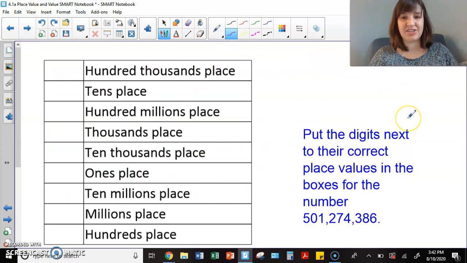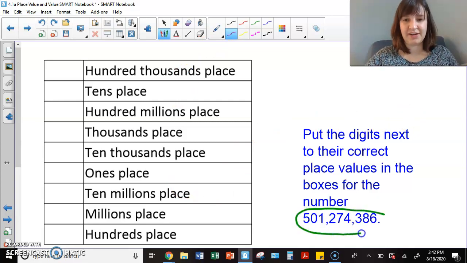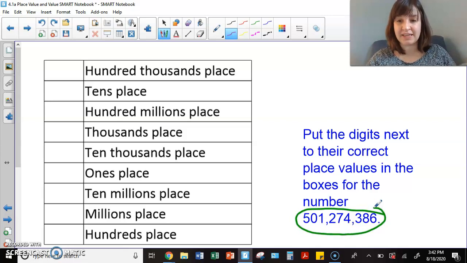We're going to put the digits in the correct place values for this number down here, which is 501,274,386. So looking at my hundred thousands place, I know that my thousands family is right here, and the hundred thousands place is that third place over from my comma.